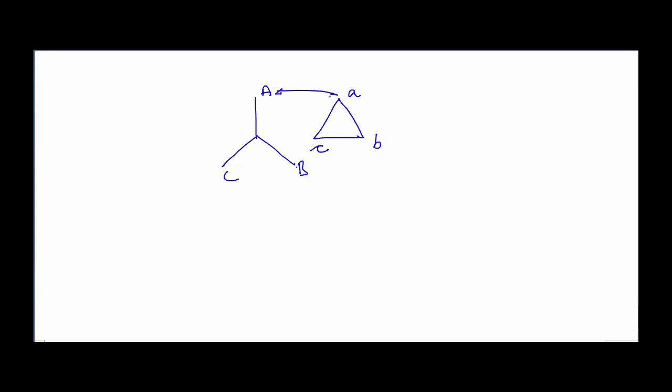If we are shorting them this way and the vector of the transformer is 11, it is going to shift by 30 degrees in this direction. So the resultant will be something like this. We have small b, small c, capital A, small a, then we have capital B and capital C, and this is going to be the neutral.